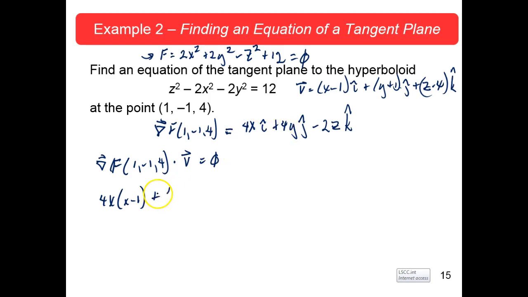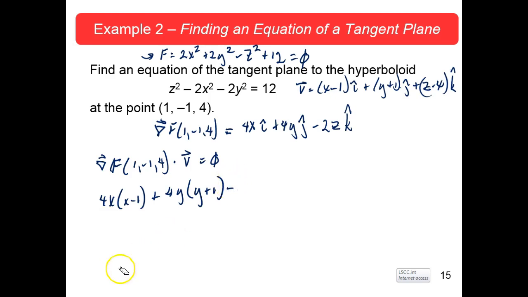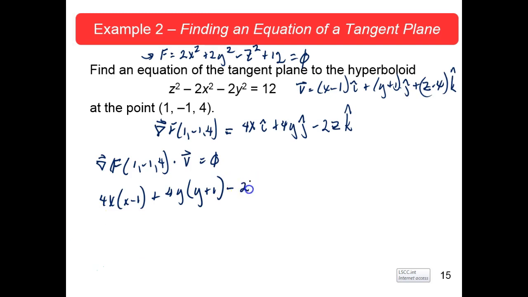Plus 4y times y plus 1, minus, sorry, minus 2z times z minus 4 equals 0, because the dot product is going to be 0 between those two.